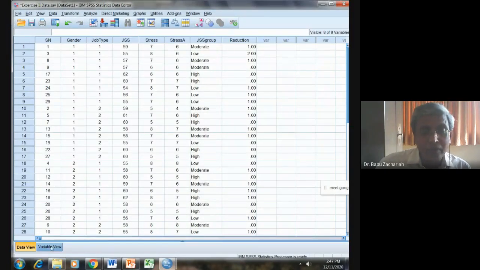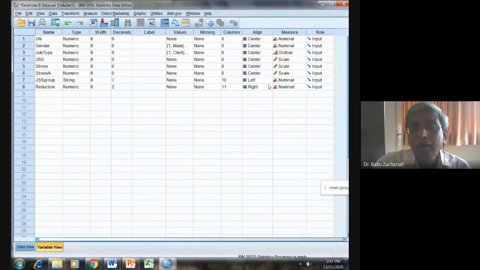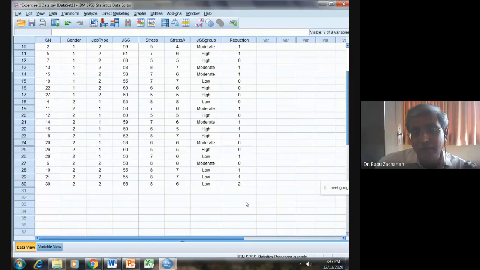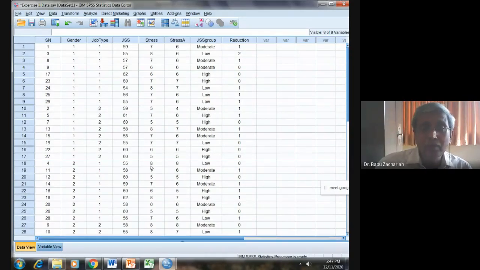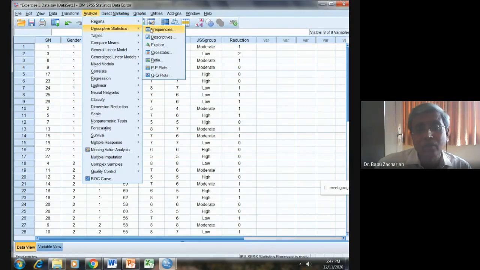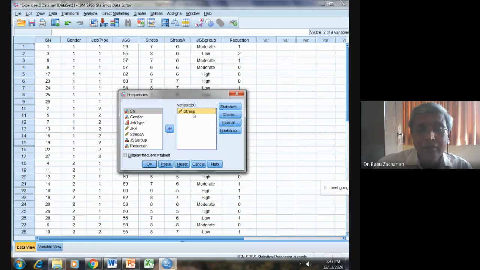Of course, if you want, you can format it again. You want everything to be centered, center it. And this also center it. And this decimal parts not required. So we will say you have the reduction calculated for every entry. And you need the mean of that. Mean of that is simple. Just come to analyze descriptive statistics, frequencies, and stress, you send it back and you put a reduction.